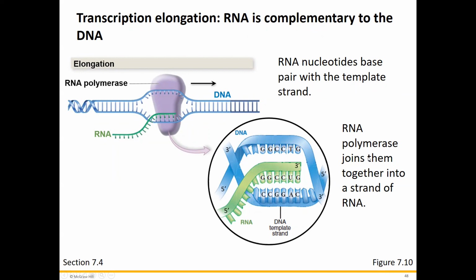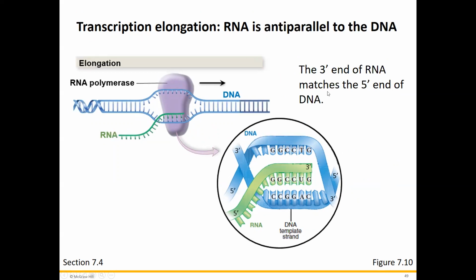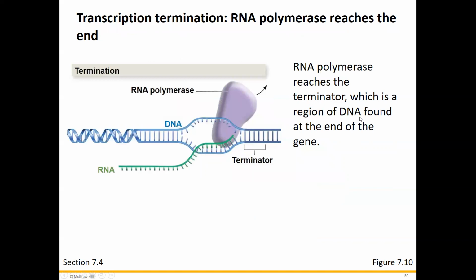The RNA polymerase is the enzyme that joins them together to make this strand. And it just keeps on moving down here, separating the DNA strands and adding new nucleotides as it moves. And the 3' and the 5' ends are going to match.